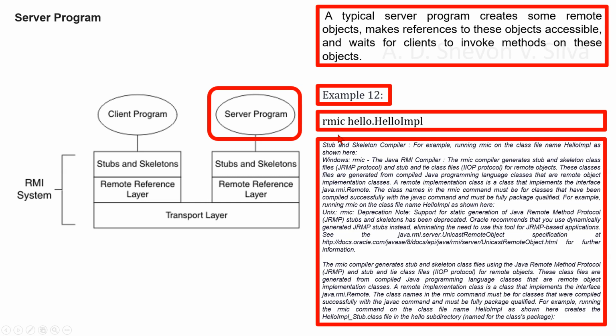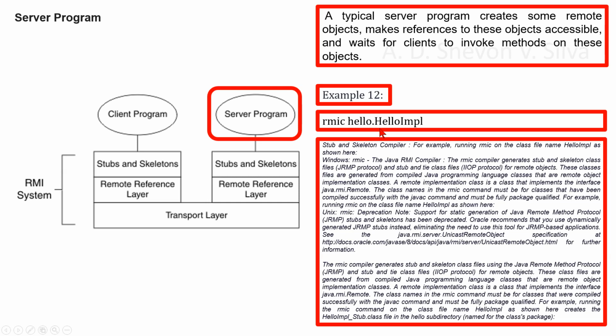These class files are generated from compiled Java programming language classes that are remote object implementation classes. The remote implementation class is a class that implements the remote interface java.rmi.Remote. The class names in the RMIC command must be for classes that were compiled successfully with the javac command and must be fully qualified, must be fully package qualified.